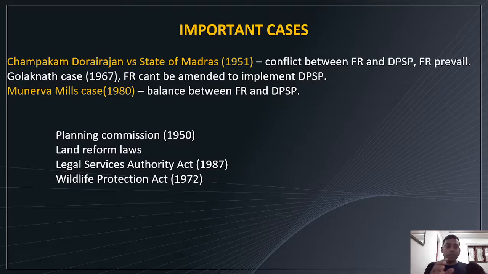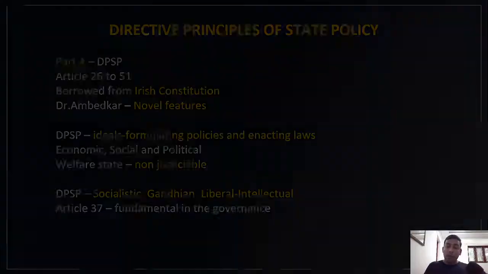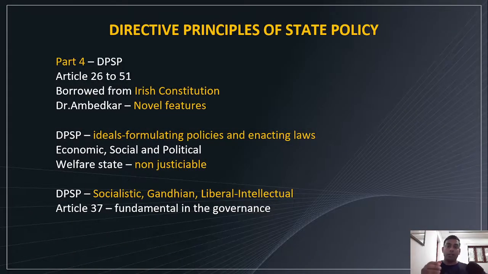So these are some of the institutions and acts that were made on the basis of DPSP. Hope you understood DPSP completely, and we have learned DPSP by comparing it with fundamental rights. So it will be helpful for you to have more idea on the DPSP.